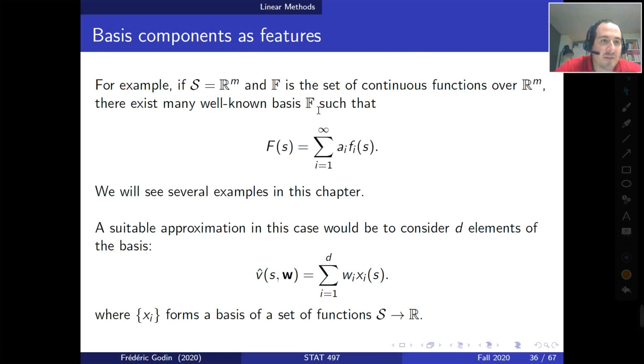Well, no, f is not R^m, but it's a function from R^m into R. Here the value function takes a state as an input, a point in R^m, and outputs a value in R. So in that case, we can find a suitable basis of functions from R^m into R, for example, m-dimensional polynomials, and approximate the value function through this linear combination.